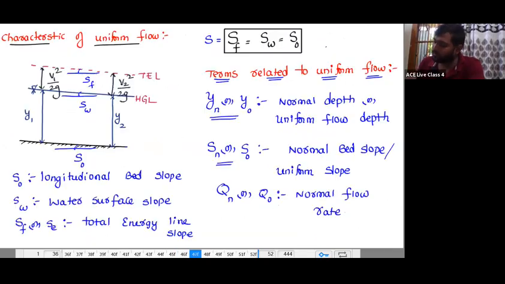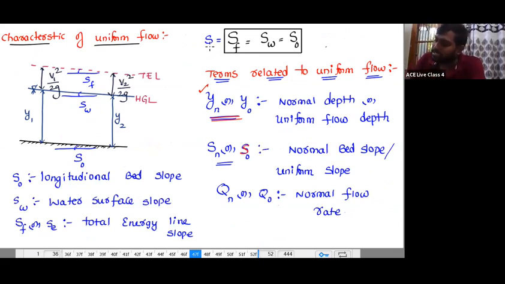Whenever I say uniform flow, the term related to it is Yn, the normal depth or uniform flow depth. So Y becomes Yn. And S is equal to S naught.